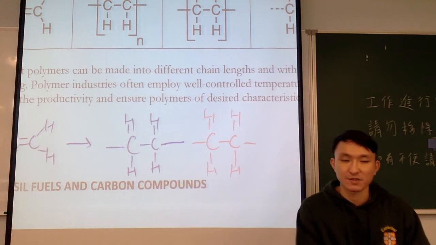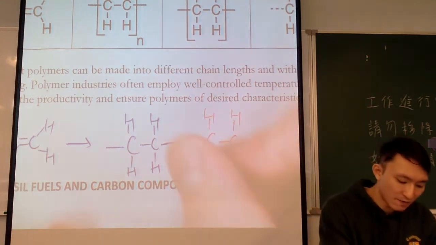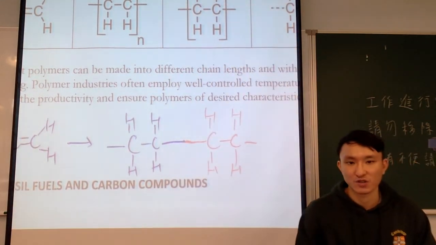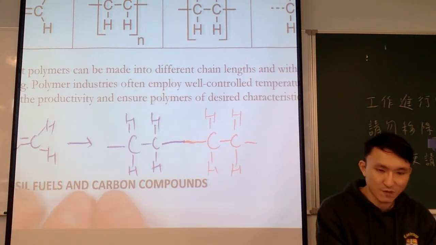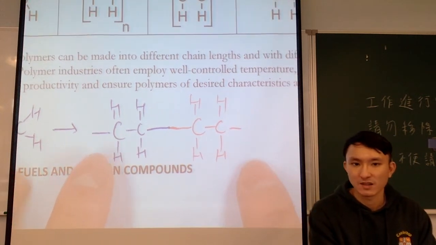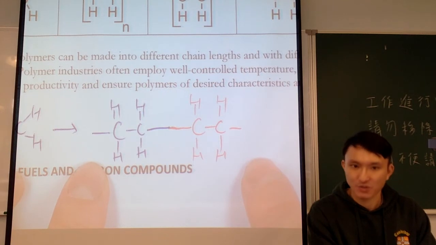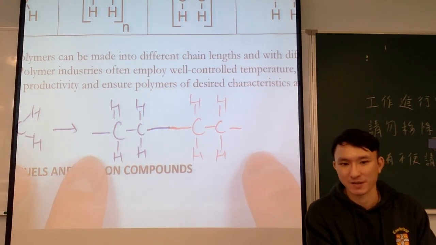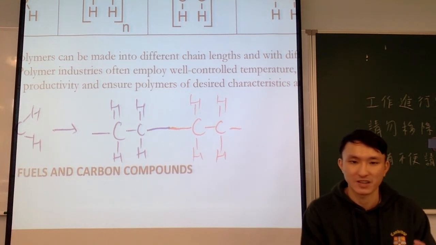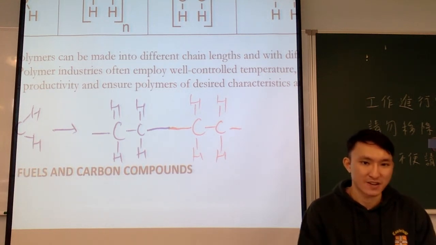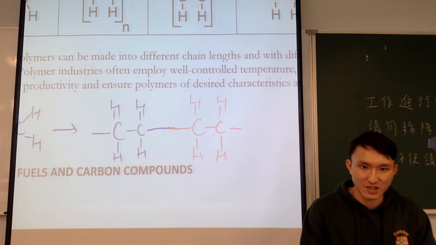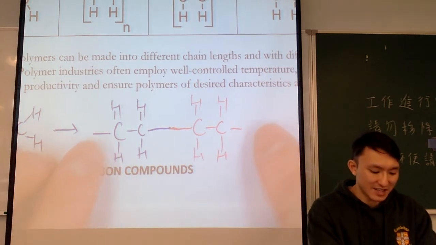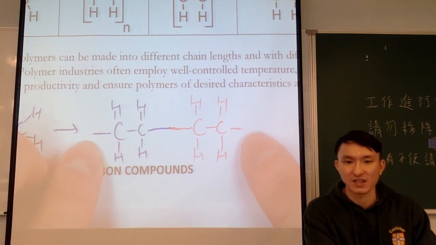So what do they do? They will obviously join together. That will form a 4 carbon molecule. Sometimes we call this one a dimer, D-I-M-E-R, because we have 2 monomer units joined together. Now pay attention. For this dimer, it still has 2 bonds available.